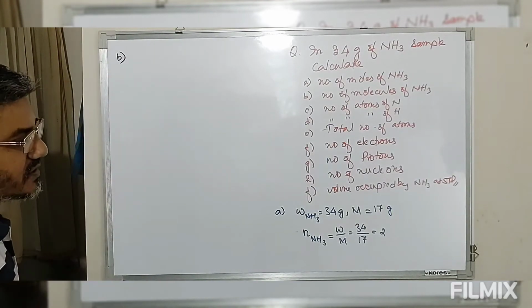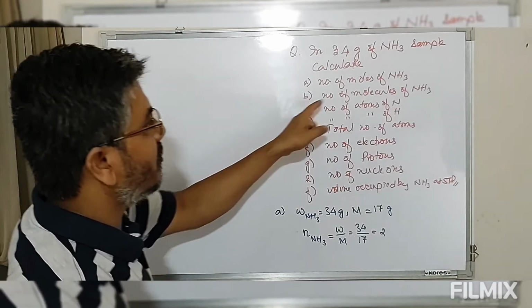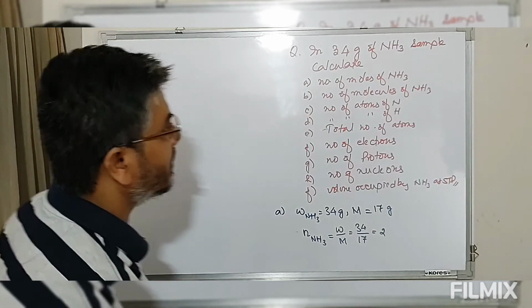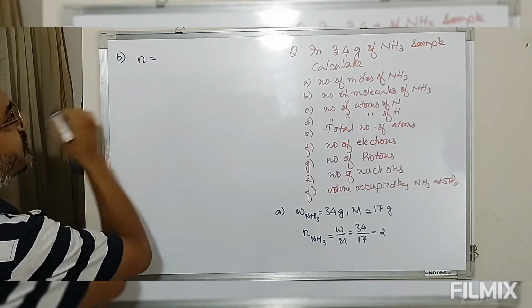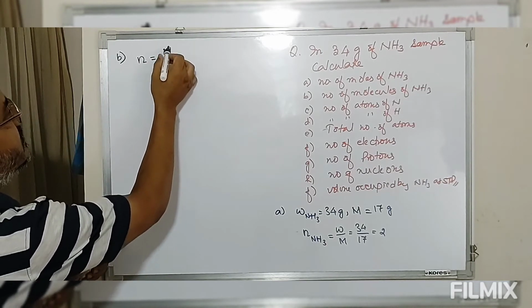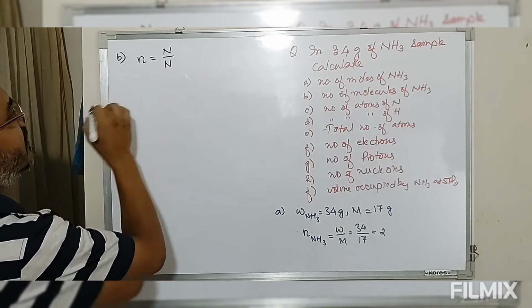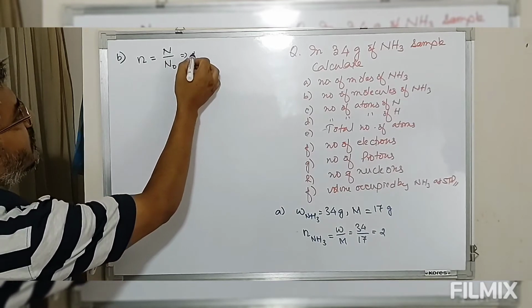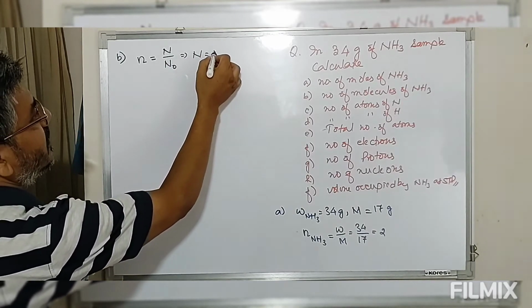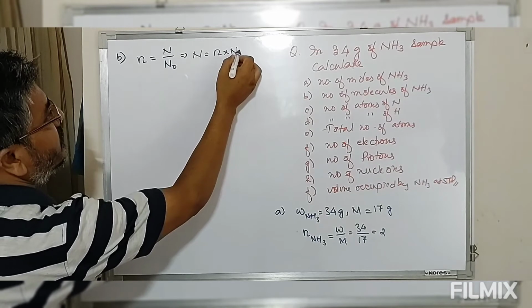Now once we have the number of moles, we have to find the number of molecules of ammonia. We have seen that number of moles is equal to number of molecules divided by Avogadro number. So number of molecules is equal to number of moles into Avogadro number.